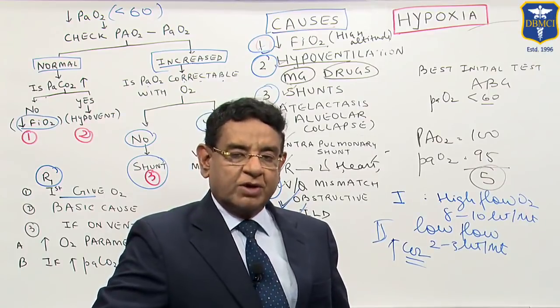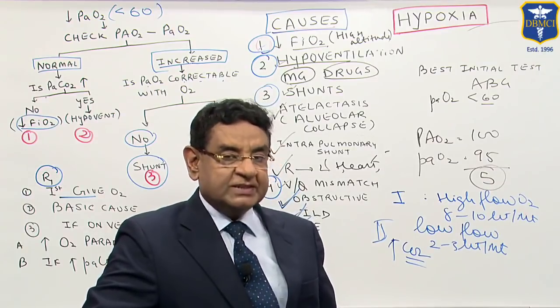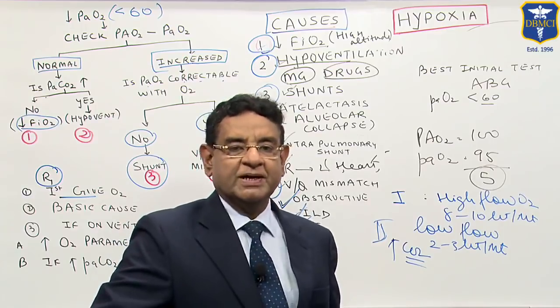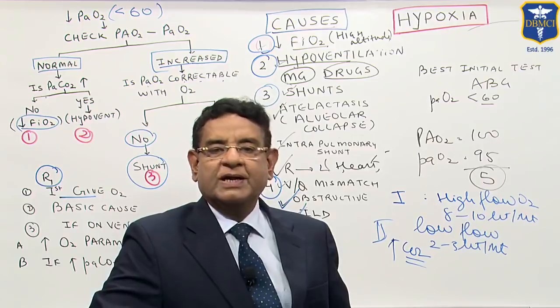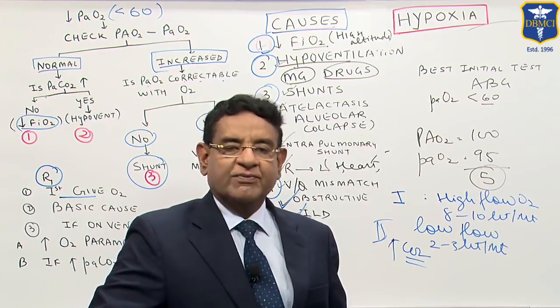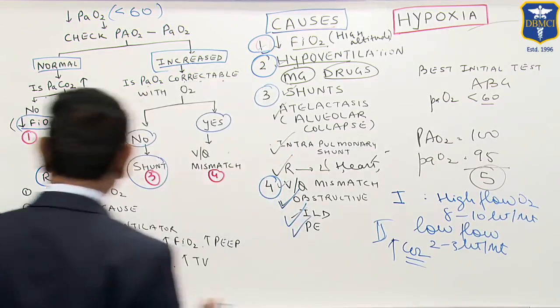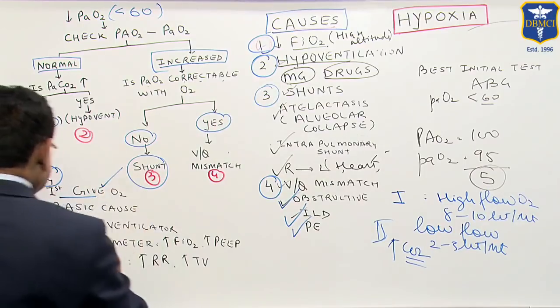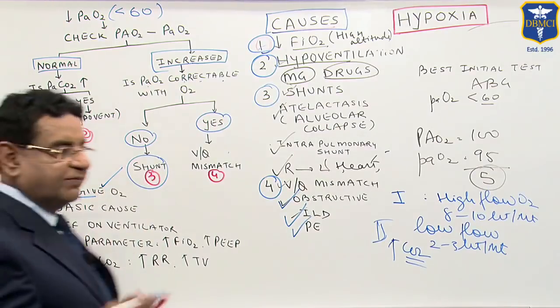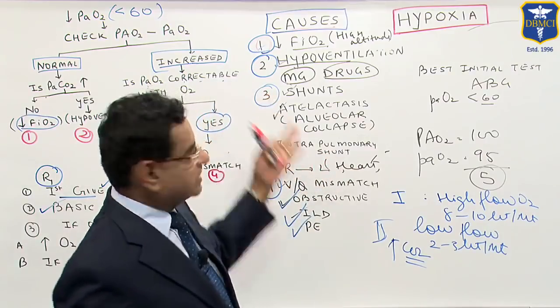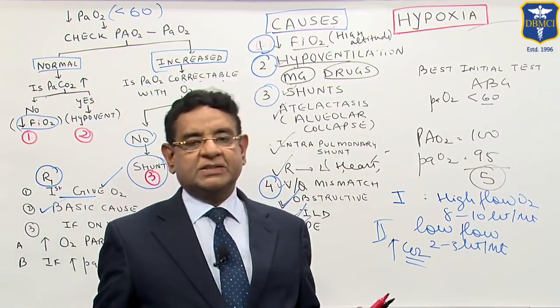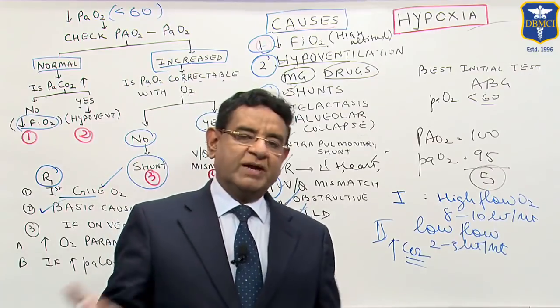So when we are talking about oxygen therapy, it is the first and best initial treatment, but there is a condition: in type 1 you give high flow and in type 2 you give low flow oxygen. Give oxygen. Then you treat the basic cause. That's the next thing to be done. Suppose the patient has asthma, you treat asthma, COPD, pneumonia, whatever the cause is.